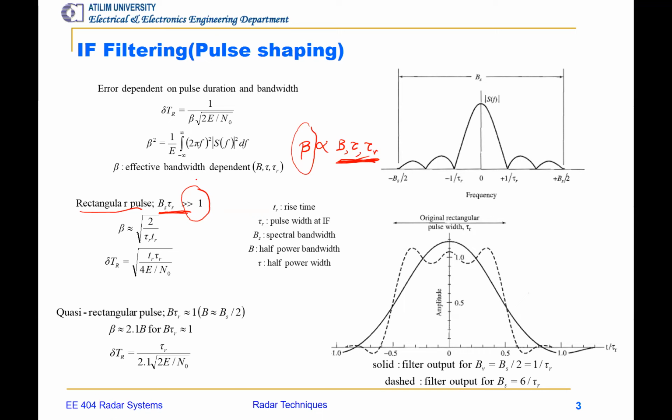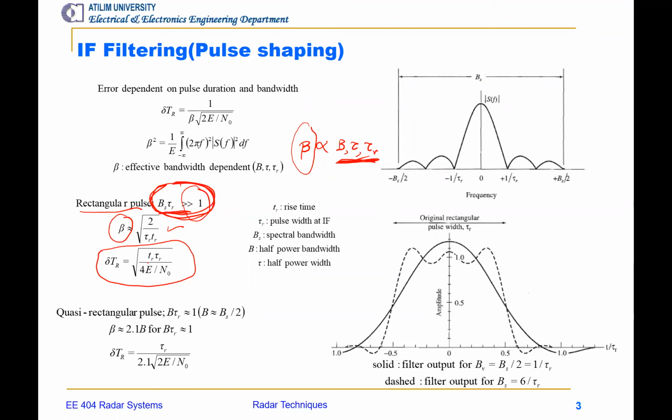Usually it's not possible, of course, to get this, but beta can be written in this form, and then the RMS error becomes like that. Okay? So if we have a rectangular pulse with these parameters, then we can determine the RMS error approximately using this equation.